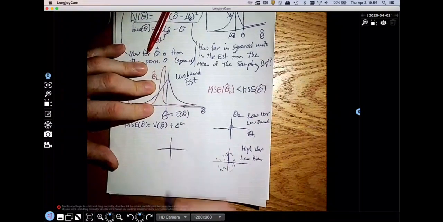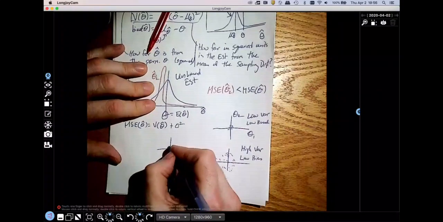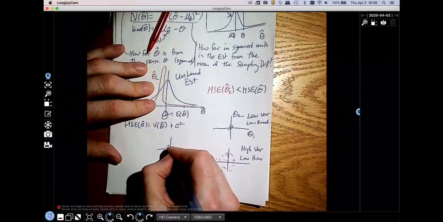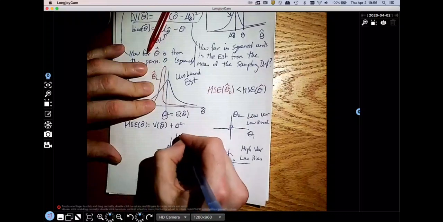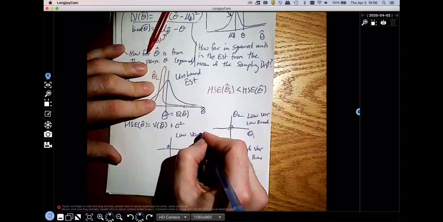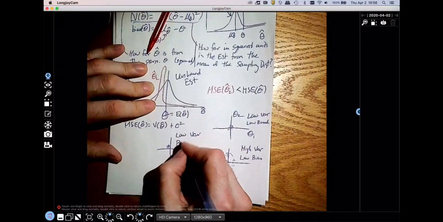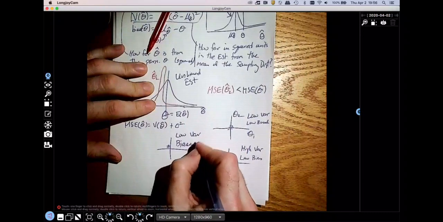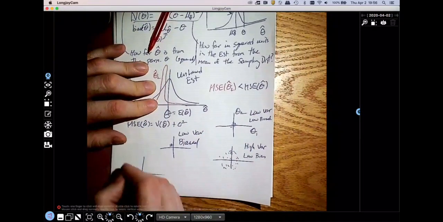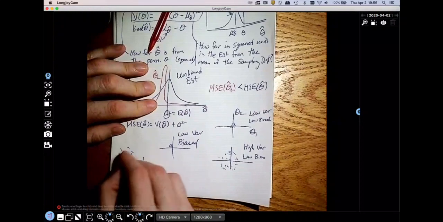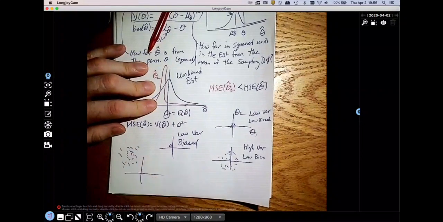And then a couple more pictures for you. This would be an example which would be low variance, but biased. And then here would be a picture where we're not even shooting at the middle of the target.